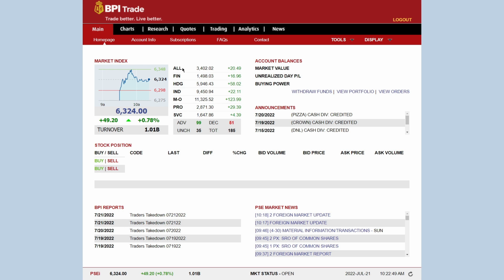Then ito naman, all shares. So ito yung gage ng lahat ng mga listed na stocks sa buong Philippine Stock Exchange. So 340 to yan, up ng 20.49 points. Hindi natin isa-isahin, pero ito yung mga sectors sa baba. So yung FIN is financials or financial institutions. So basically mga banks yan and other investment companies na nakalist sa PSE.